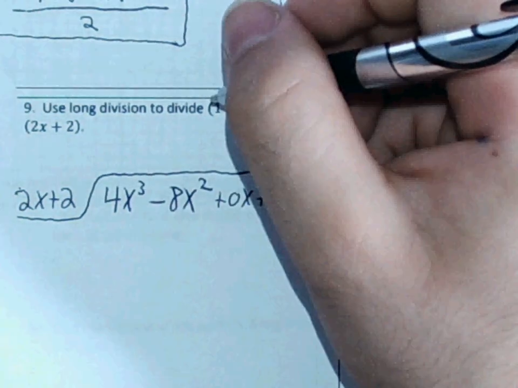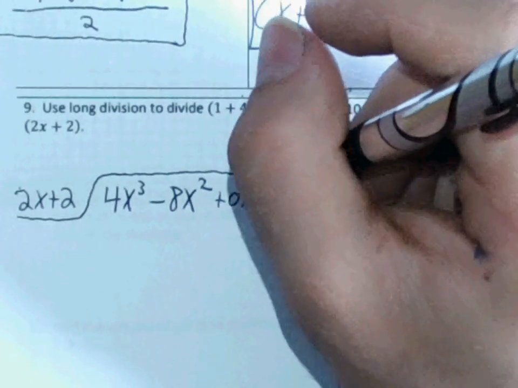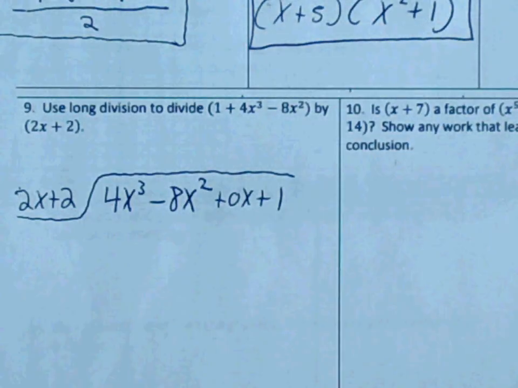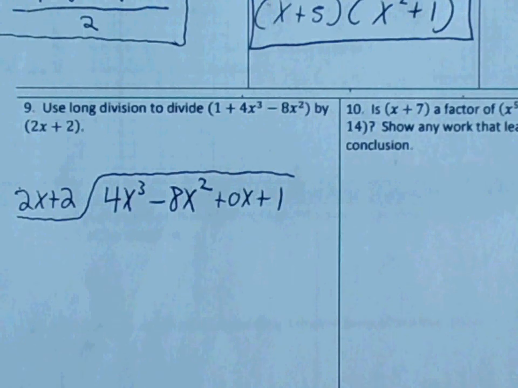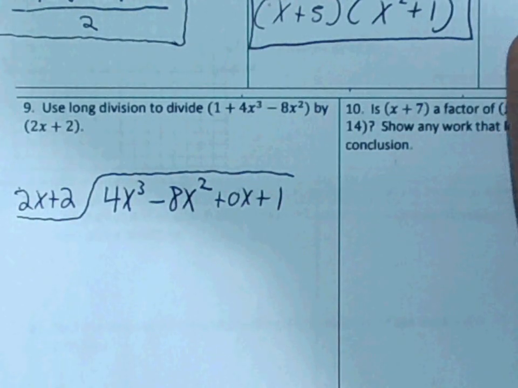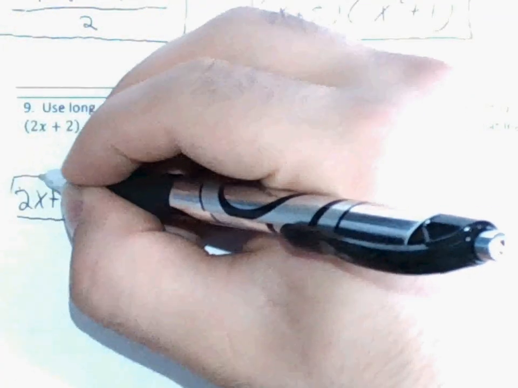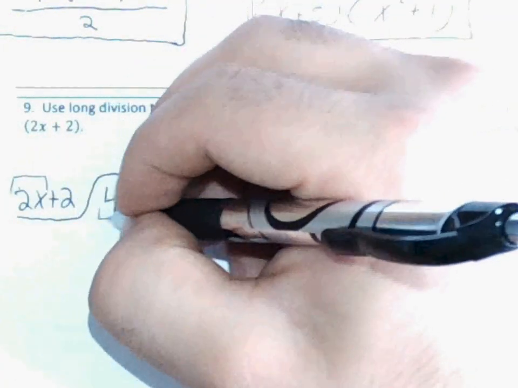So 2x plus 2, what we're going to do, gotta make sure that I'm efficient with my time here. So 2x plus 2, I need to divide my leading term here, which is 4x cubed, by my leading term here, which is 2x.